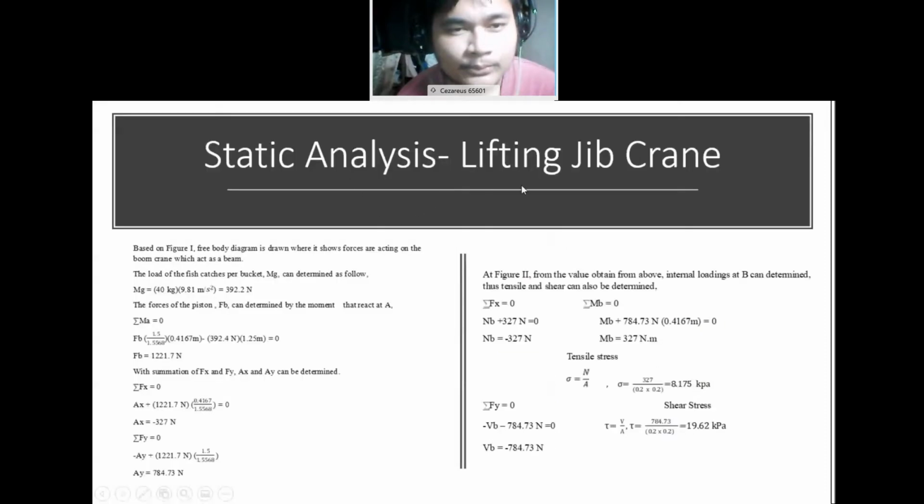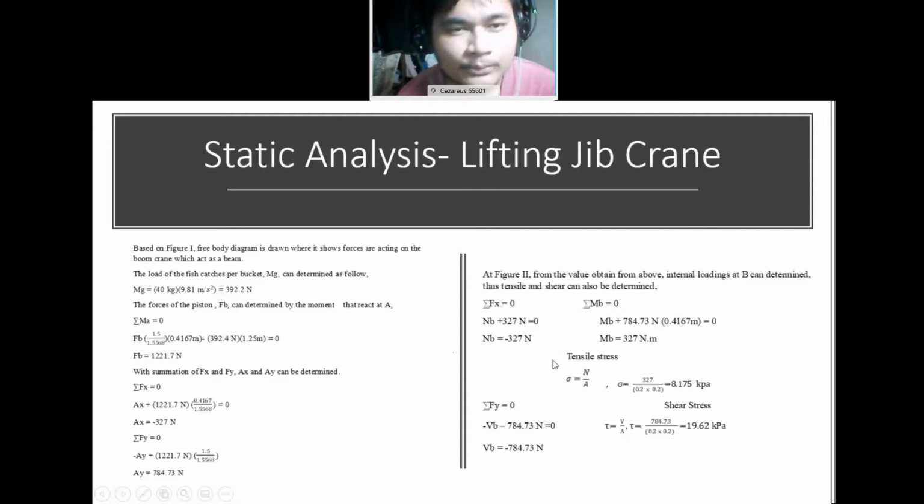So in the static analysis of the lifting jeep crane, basically, these are the calculations that can be shown right here, where we can find the force B, the piston force, and the force Ay acting at point A. And at figure 2, we can find the internal loading, which is the internal force and the moment acting on it.